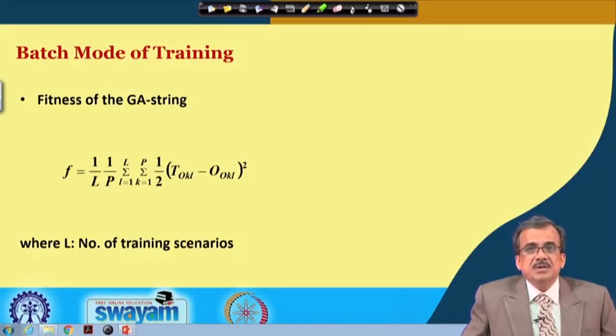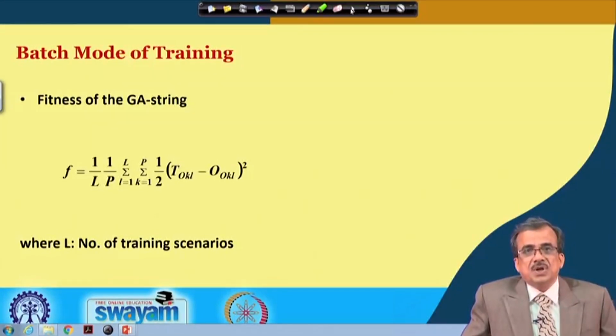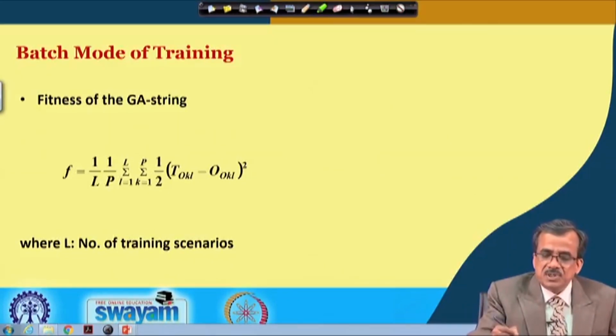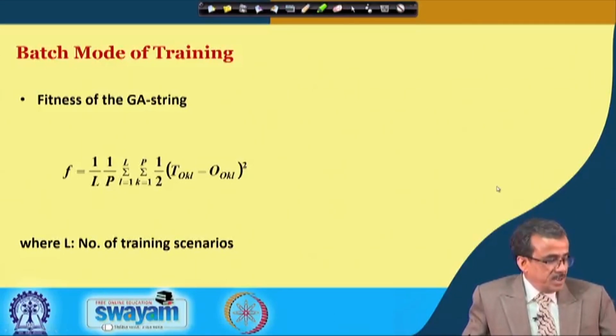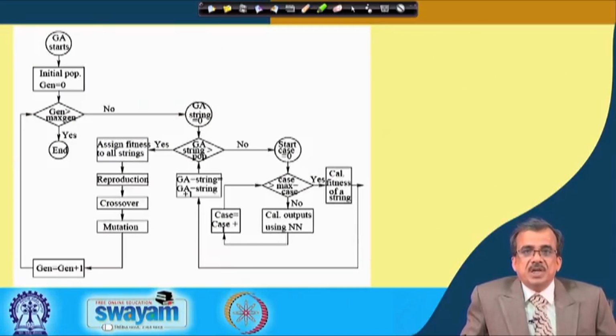If you get multiple optimal solutions, then out of these optimal networks, any one can be used, and this network will be able to predict the input-output relationship very accurately. Thank you.